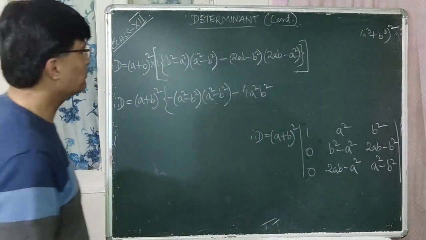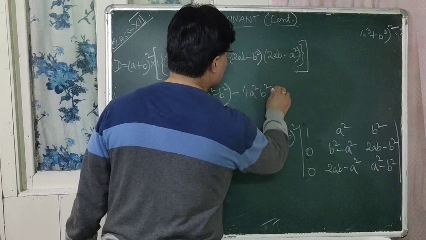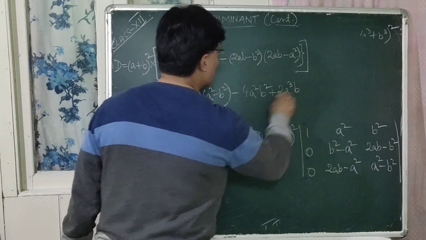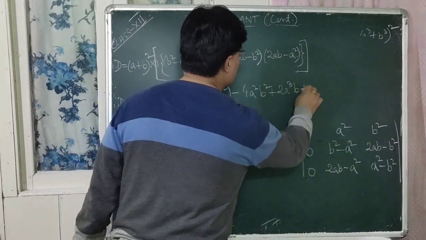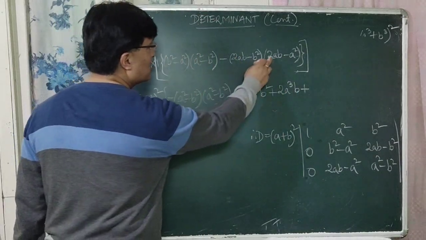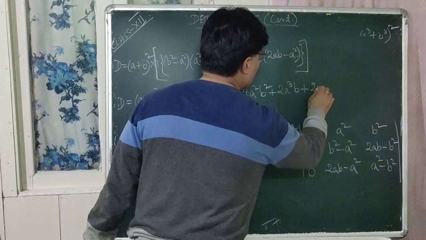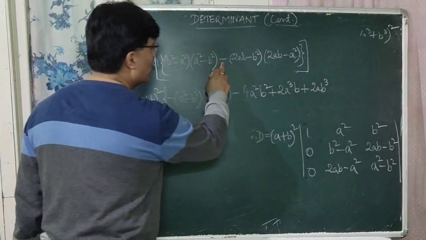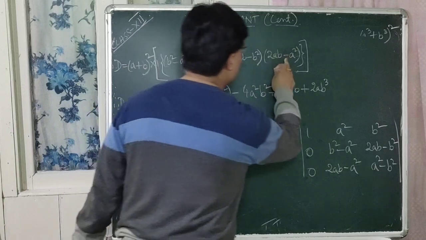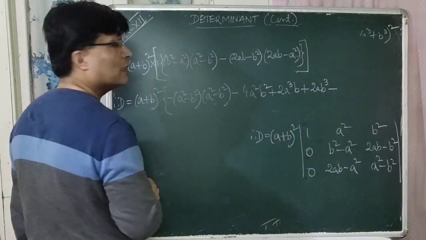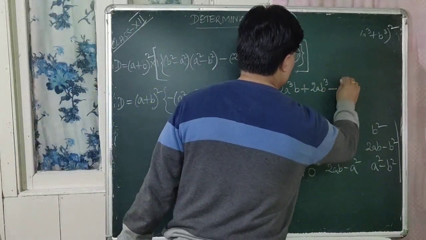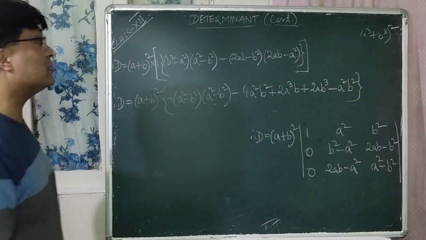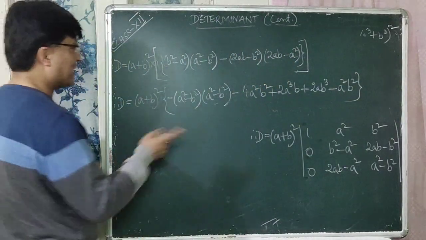Then minus to minus, plus 2a cube b; minus to minus, plus 2ab cube. Then minus to minus, plus to minus, minus a square b square. Second bracket is closed.